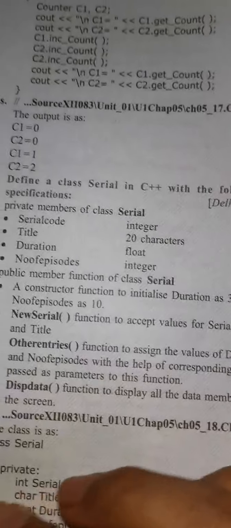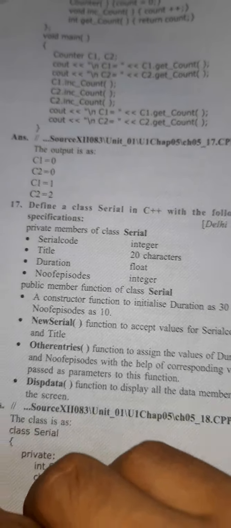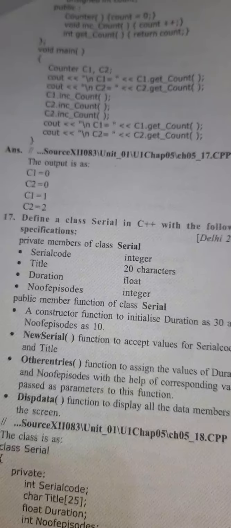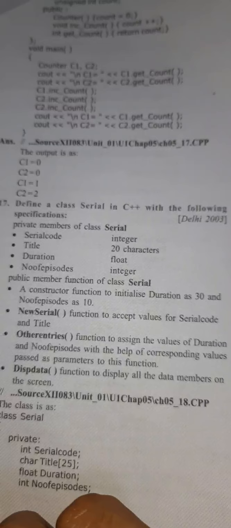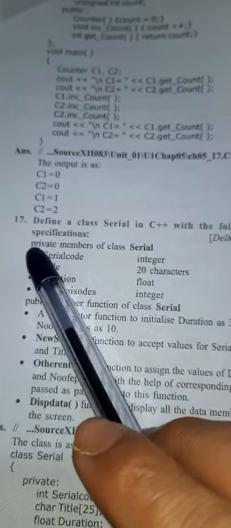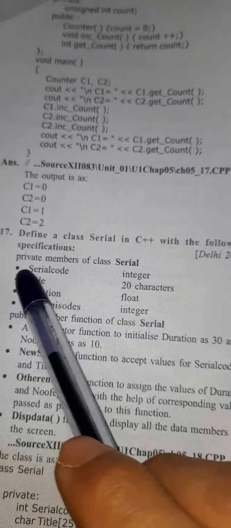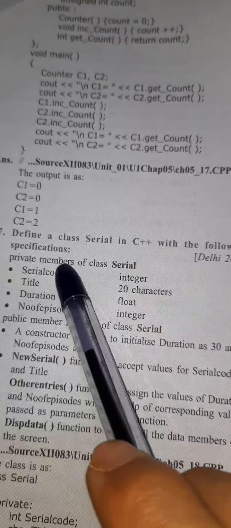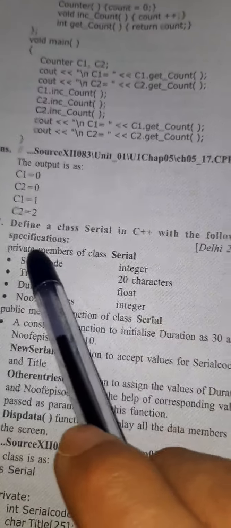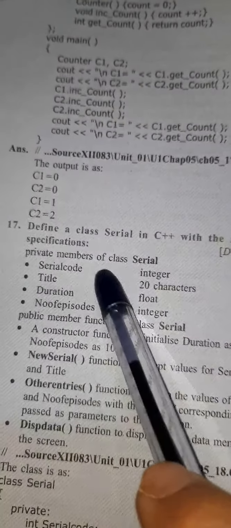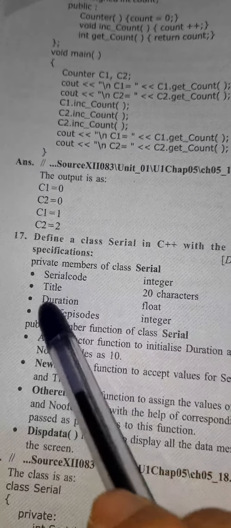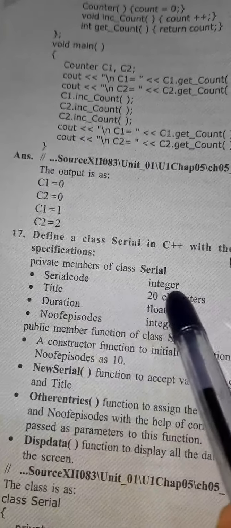Now in the next program, question number 17: define a class serial in C++ with the following specifications. You have specifications like private members. The name of the class is serial. These are the private data members. The data members are serial code, integer.